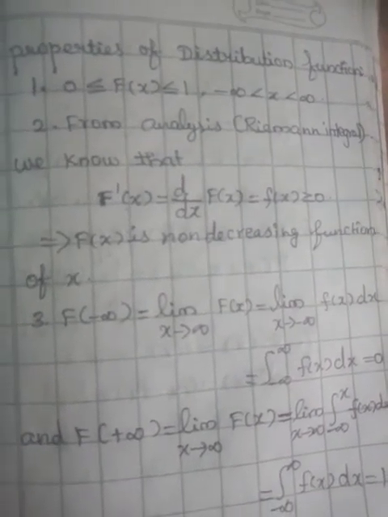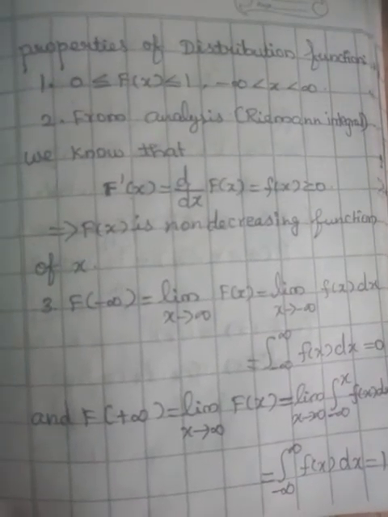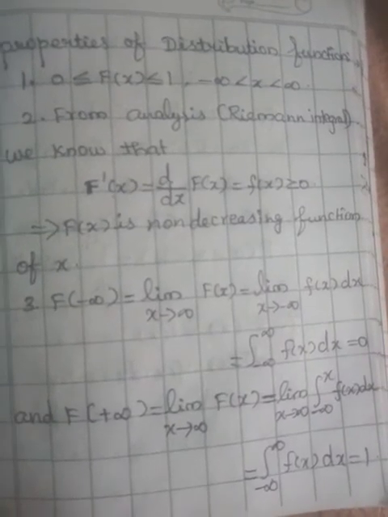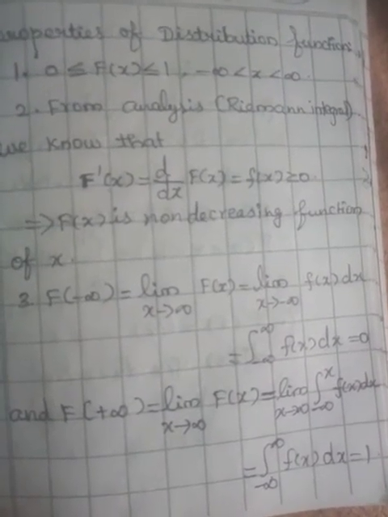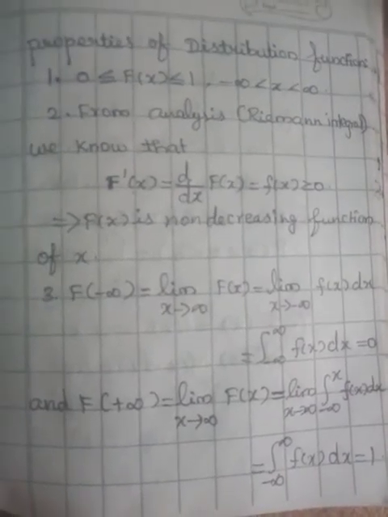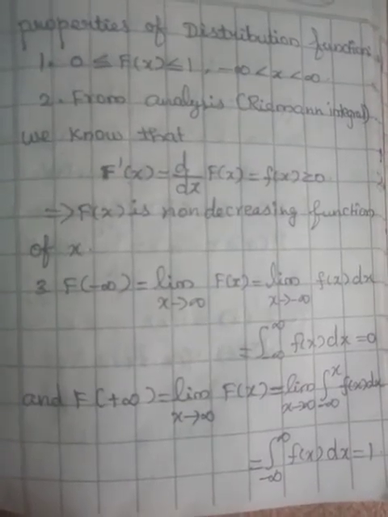Third one, F of minus infinity is equal to limit x tends to minus infinity of F of x, which is equal to the integral from minus infinity to minus infinity of f of x dx, equal to 0.